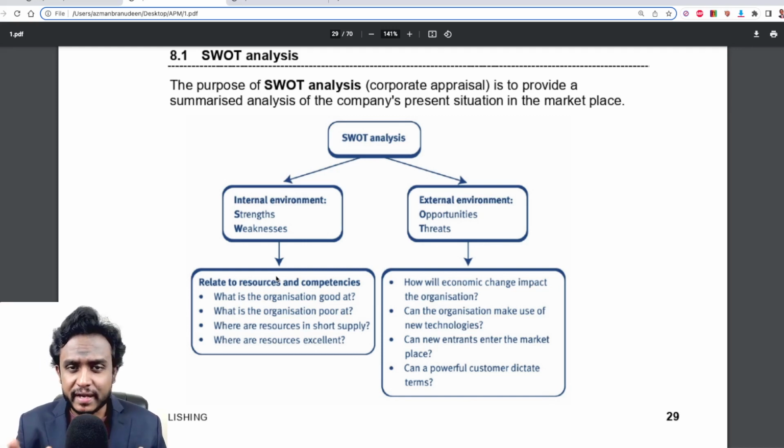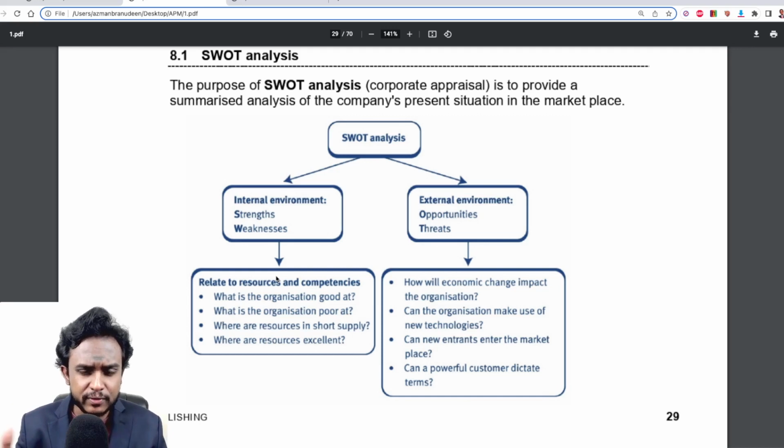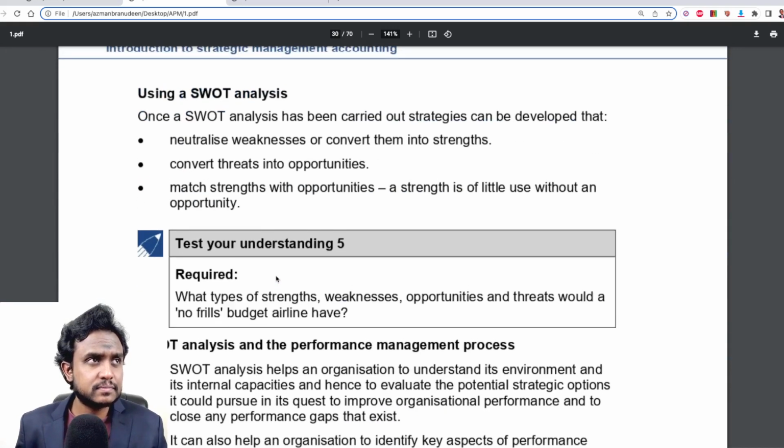You can get a view both from the internal angle, how you perceive yourself internally, and from the external angle, how third parties, competitors, market forces, government, other external stakeholders actually perceive you in terms of opportunities and threats.